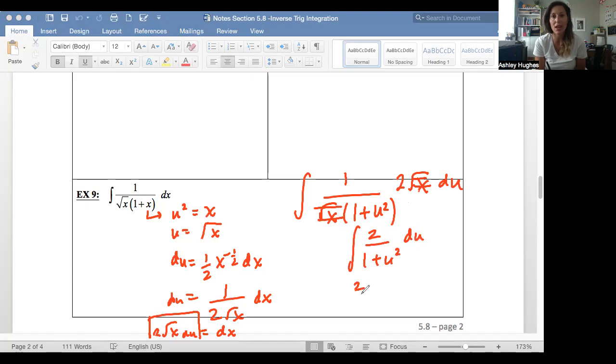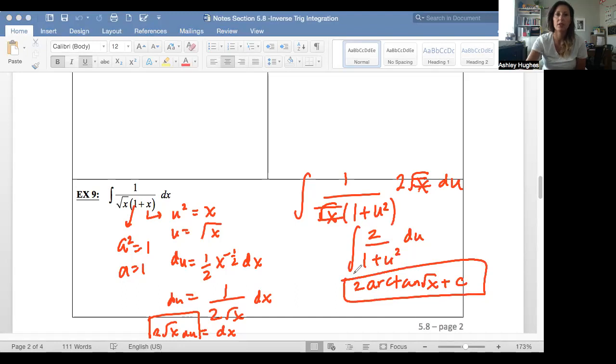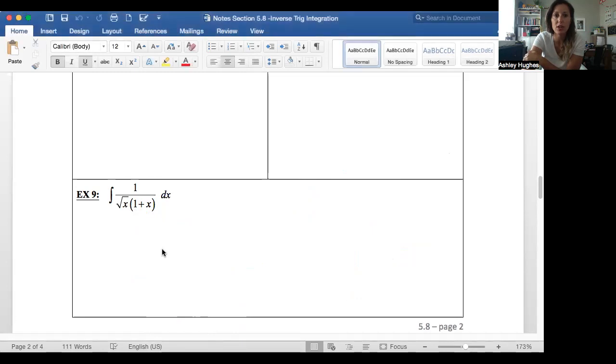So 2 over a, but a in this case, I didn't write a, but a is just 1. And then arctan, u is actually the square root of x over a, but a is 1, and then plus c. So my recommendation is, again, to look for the plus for arctan, the minus for arcsine or arcsecant. If it's the number first, try arcsine. If it's the variable first, try arcsecant.